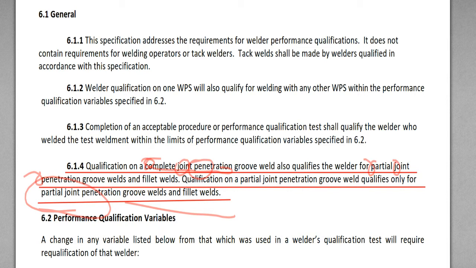This 6.1.4 is important because CJP qualifies for PJP and fillet welds, just because of this one.